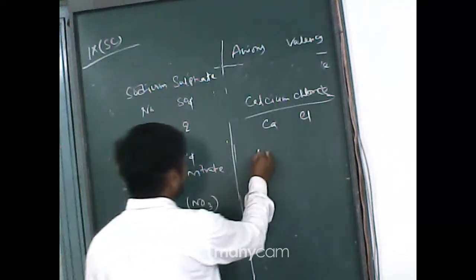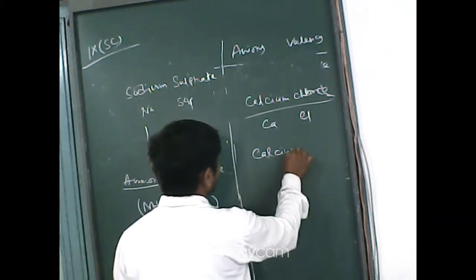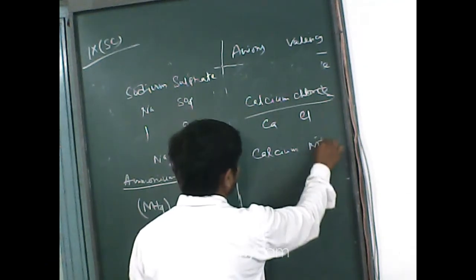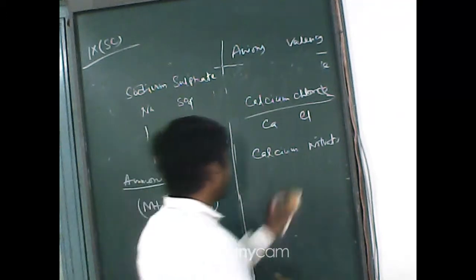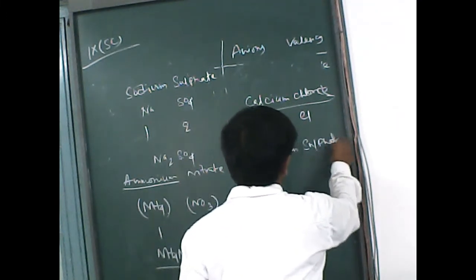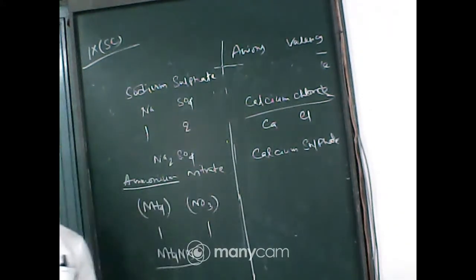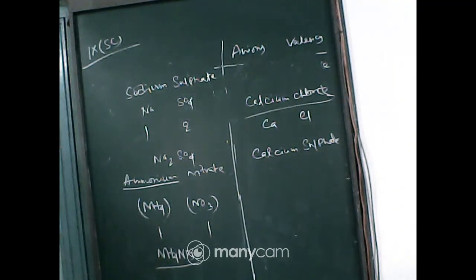Those who have completed calcium chloride, okay, now do it for calcium sulfate. Take your time. Take time to make the formula of calcium sulfate, and those who could not complete calcium chloride, do it fast.